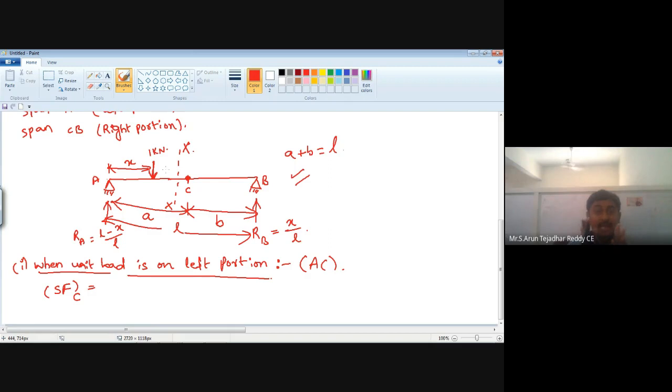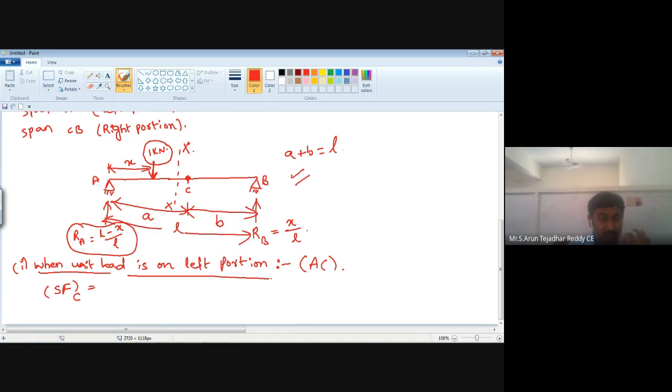Now in section XX, what are the forces? What are the reactions acting here? That is, RA is acting, as well as the 1 kilonewton load is acting.